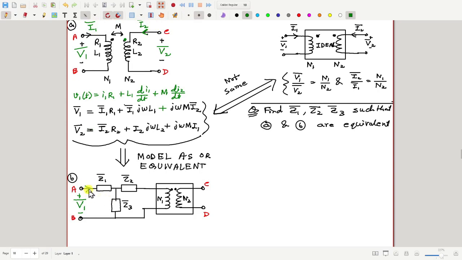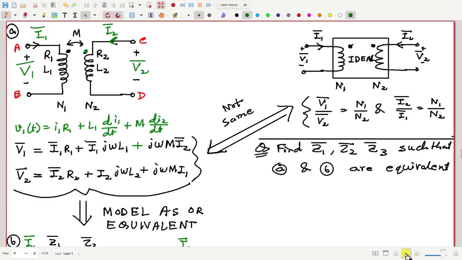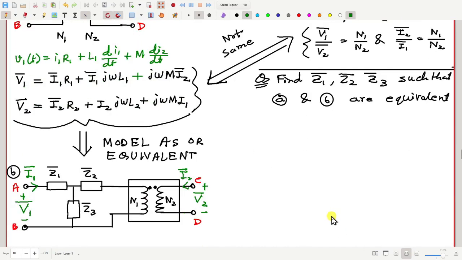So here also I should have the same currents I1, I2 and the same voltages V1, V2.